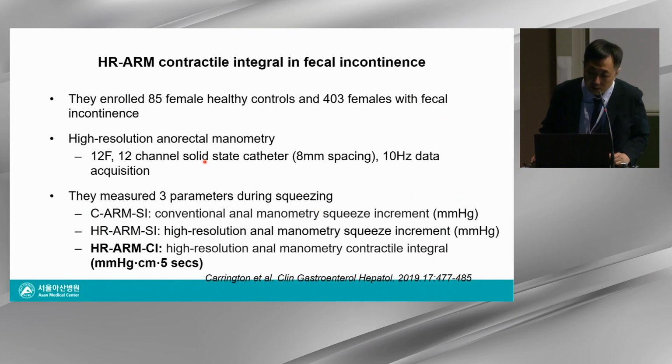This kind of new parameter was suggested by the London group, with Dr. Emma Carrington, Mark Scott and Charles Knowles' group. They enrolled 85 female healthy controls and 400 females with fecal incontinence. They used high-resolution anorectal manometry, and they measured 3 parameters during squeezing: conventional anal manometry squeeze increment, high-resolution anal manometry squeeze increment, and high-resolution anal manometry contractile integral.